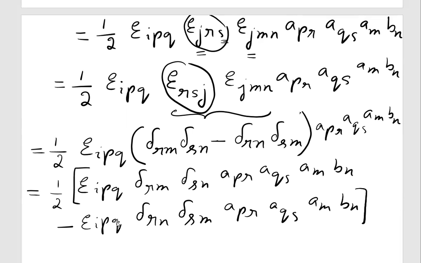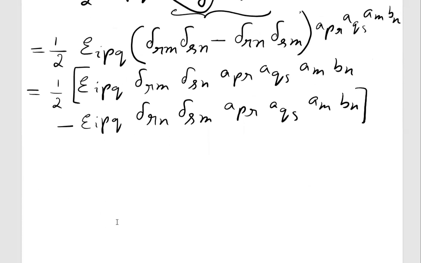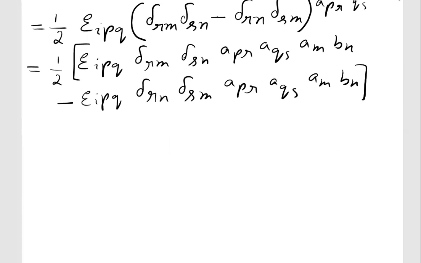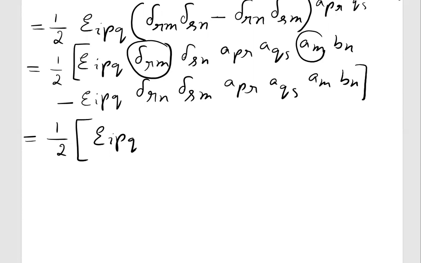Next. So now we have to apply delta. So half, okay, epsilon IPQ as it is. Now this delta RM will act on A_M.